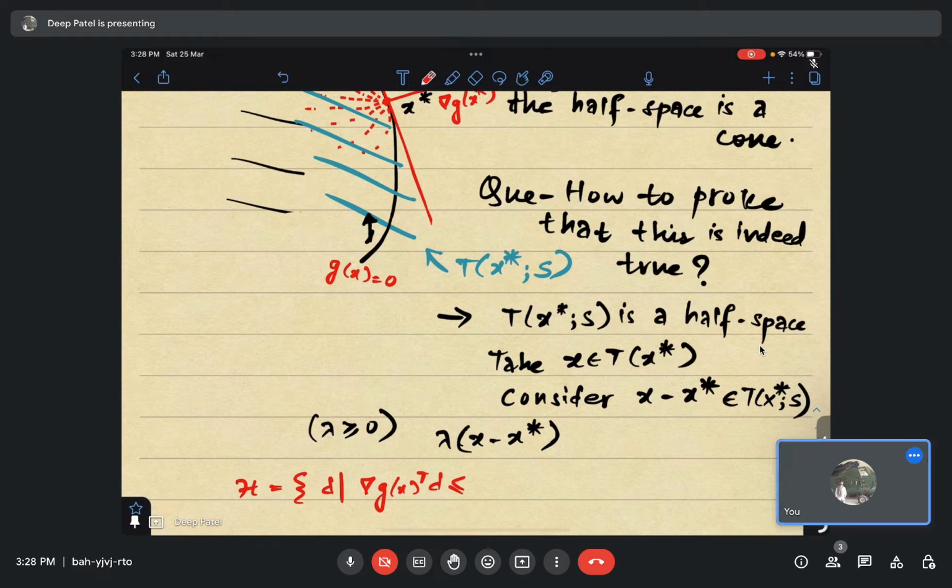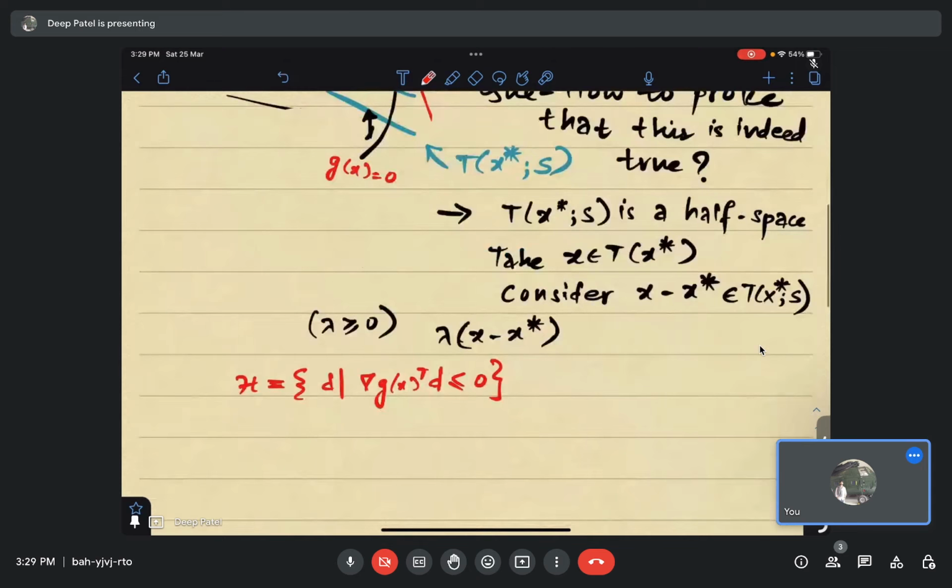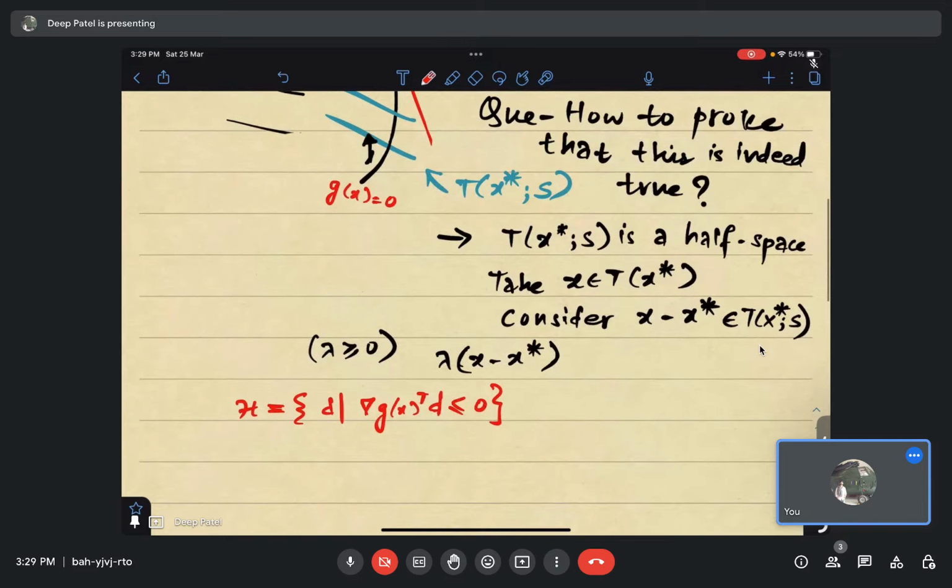But what will this be, less than or equal to? This is less than or equal to 0, right? Okay. So now what do we have to show this equal to?